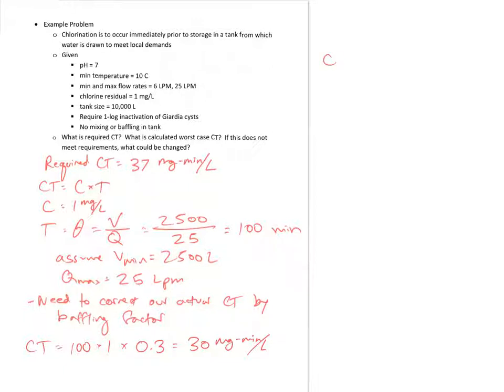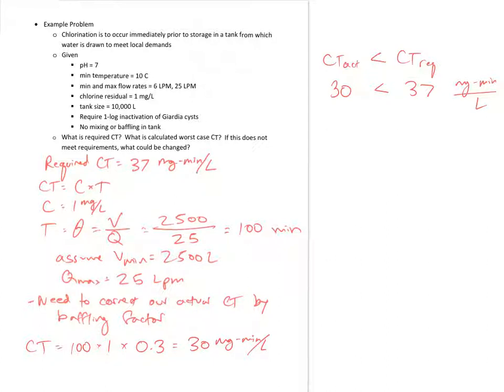So our CT actual is less than our CT required. 30 is less than 37 milligram minutes per liter. So our actual CT is not meeting the required CT.